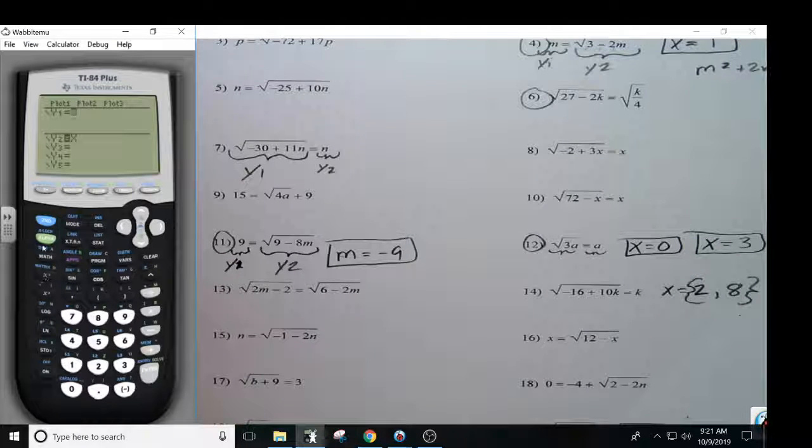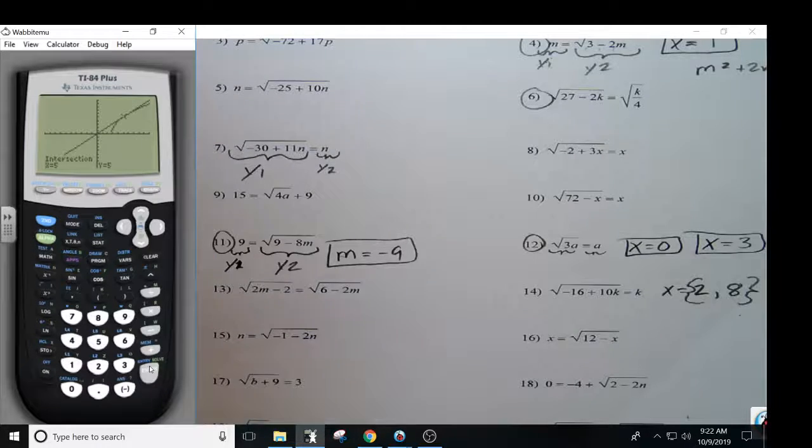All right. So number 7, the square root of negative 30 plus 11x. All right, got x in y2. Graph it. Now, some of these guys can be tricky. If you hit intersect, what I would do, I would come below one of them and above the other.